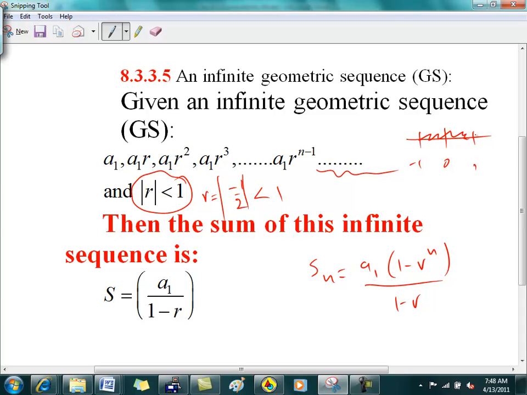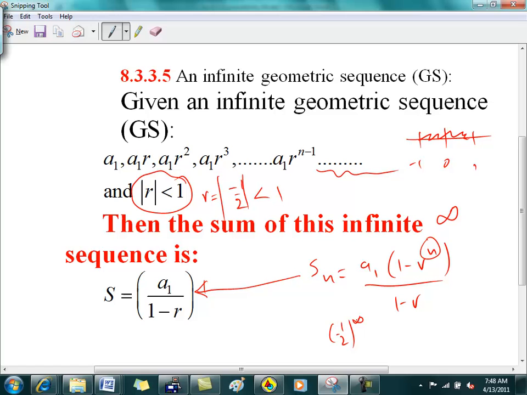Now what I'm saying is that if that condition is met, then this formula becomes that. Is it kind of obvious to you or not really? Because remember what's happening to n in an infinite sequence. Where is n going to go? It becomes infinite. So you're going to get, for example, 1/2 to a huge number.